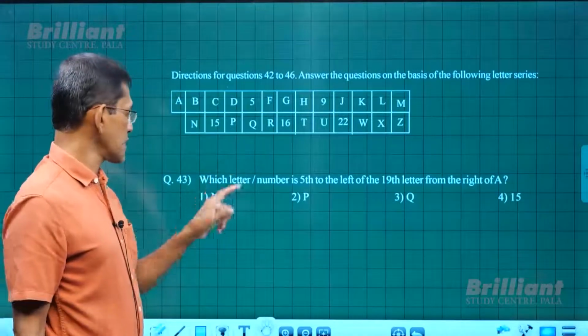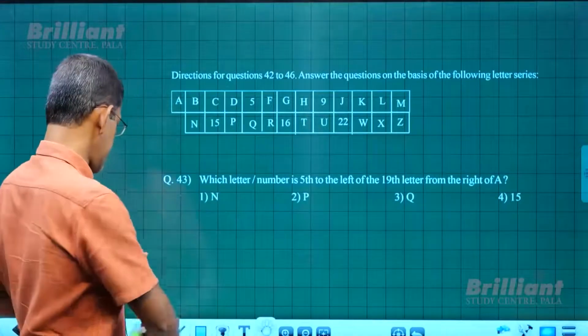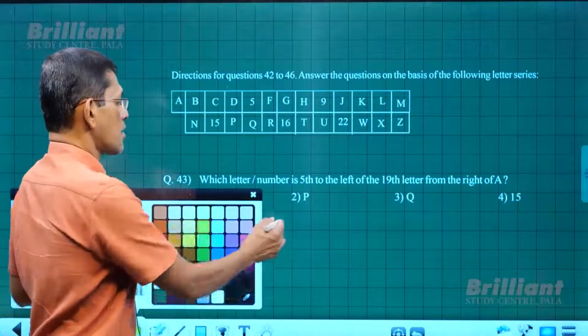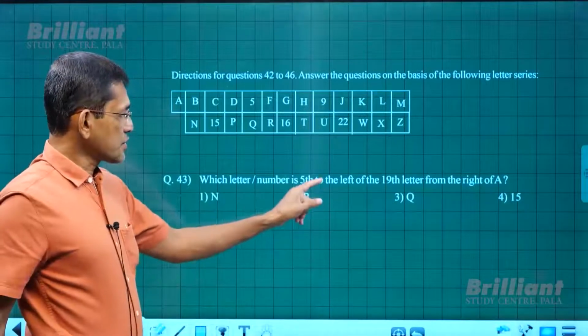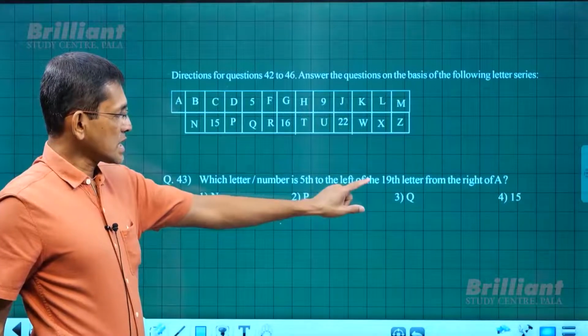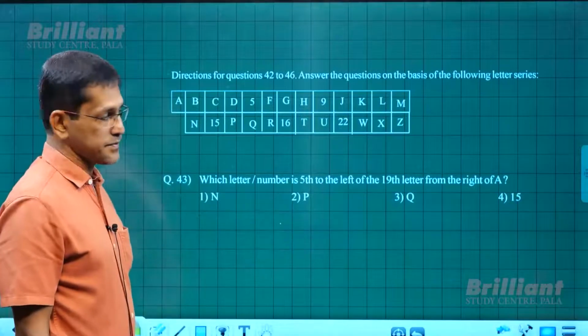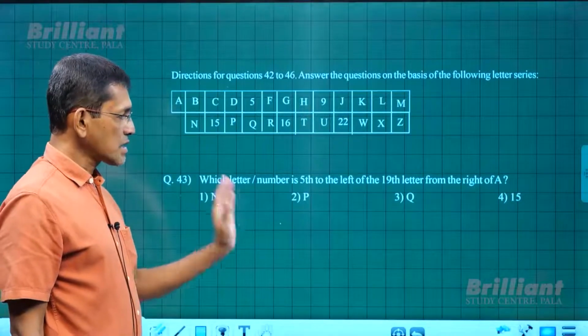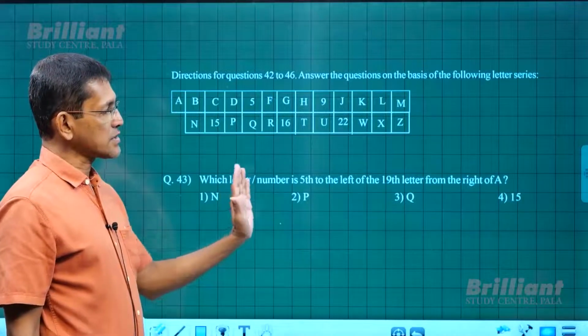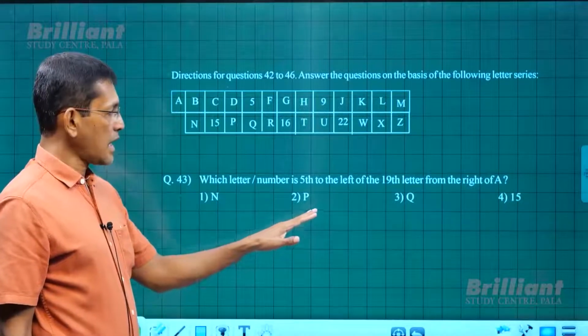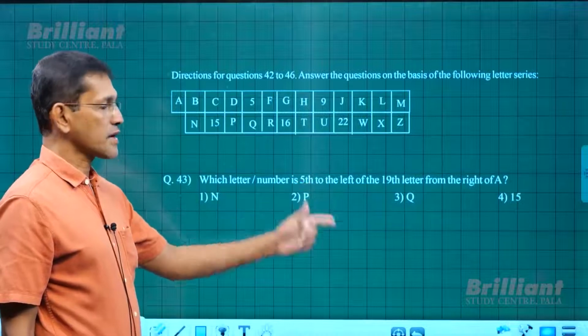Same directions given here. Question is different. Which letter or number is 5th to the left of the 19th letter from the right of A? So we need to take the 19th letter from the right of A, and we need to take the 5th letter to the left of that.